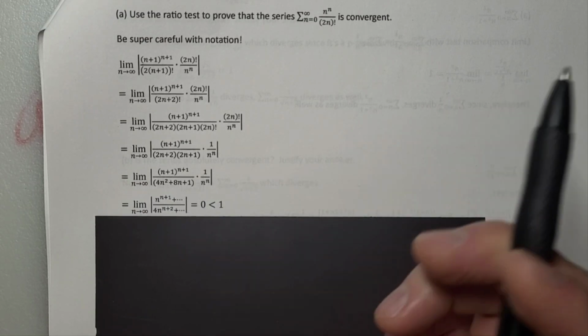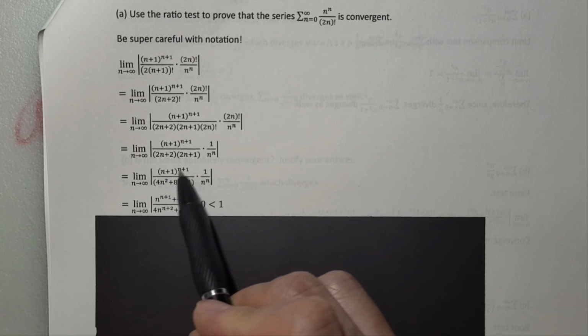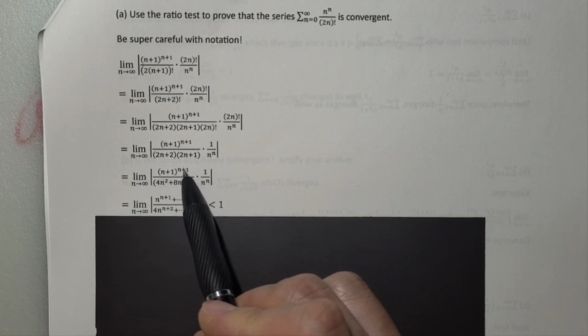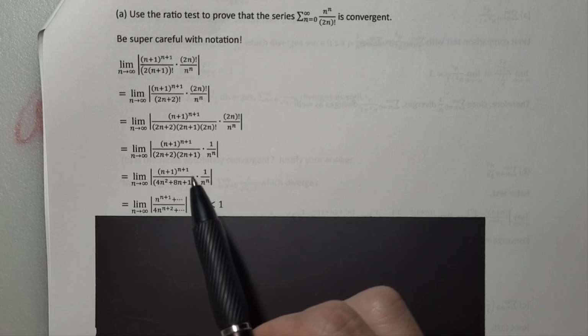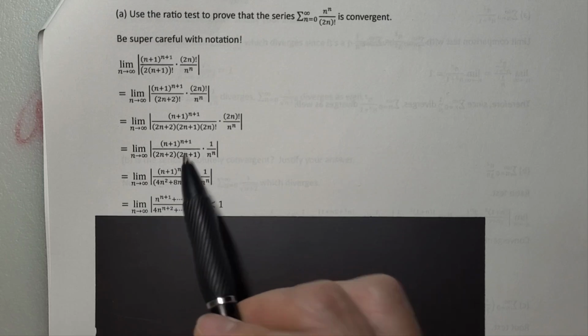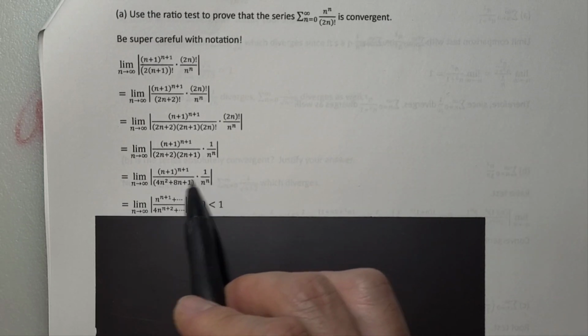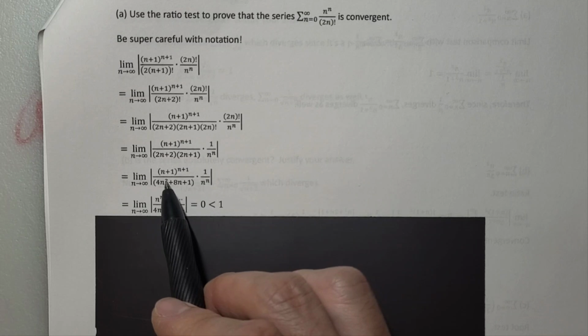Okay, so I only care about the biggest degree, so I really don't care what's afterwards. So the biggest degree on the top would be n to the n plus 1 power. And the biggest degree on the bottom would be n to the 2 plus n, or n to the 2 plus n to the n, or let me use more proper terminology, my bad.